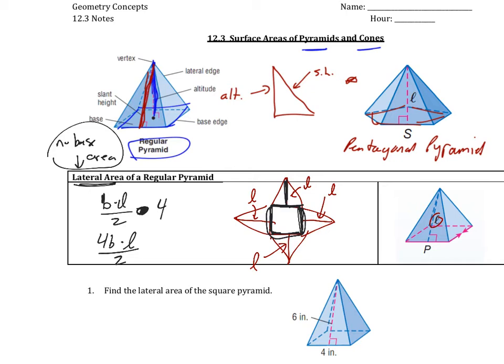Okay, so the perimeter of the base is what I want. So I'm going to take the perimeter of the base times the slant height divided by 2. That is what you should be putting into that note sheet. You should put that in your note sheet for the lateral area of a regular pyramid. That is to take the perimeter times the slant height divided by 2.